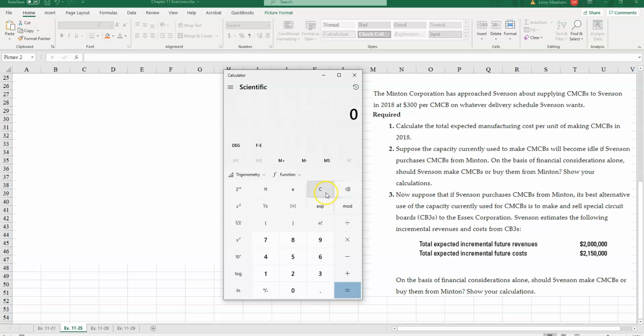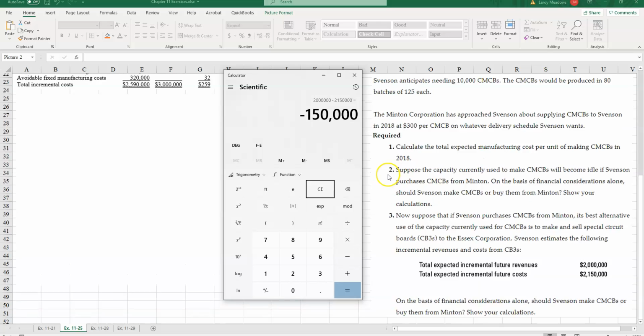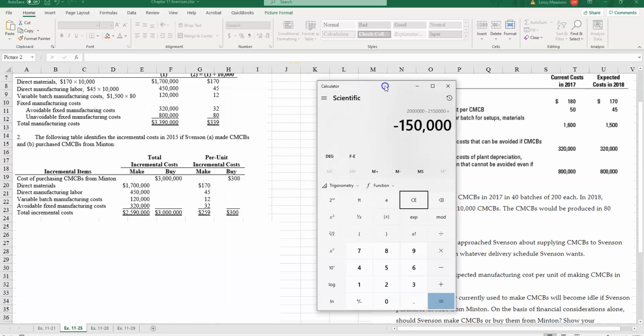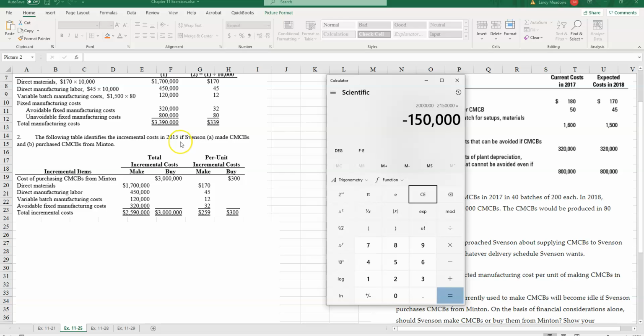If I add in $2 million of additional revenue and subtract out the $2,150,000 of costs, I'm actually going to lose $150,000 by making something instead of just leaving that additional space idle. So the true cost of outsourcing is not only the $410,000 that we talked about up here, but if I make the CB3, that decision is going to cost me an additional $150,000.